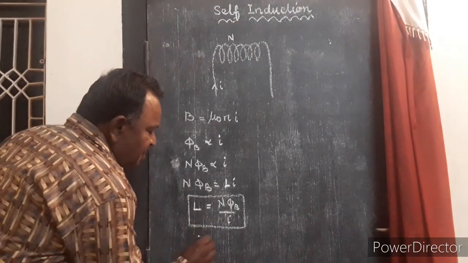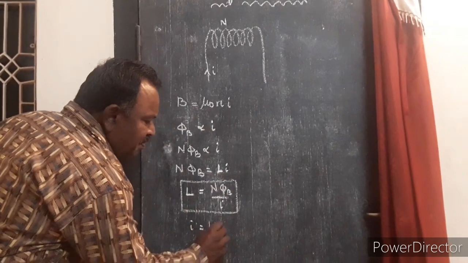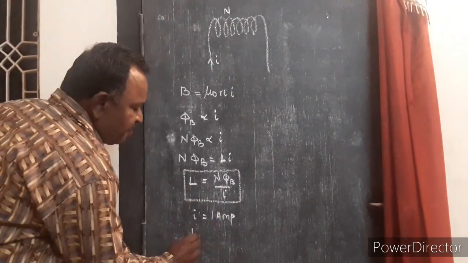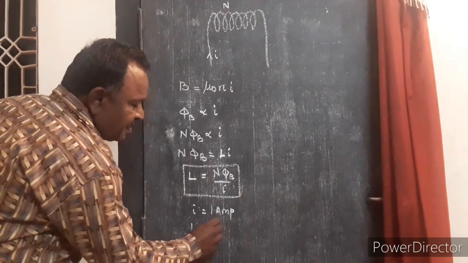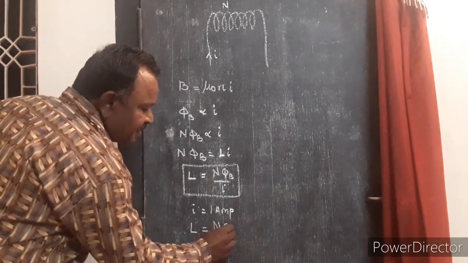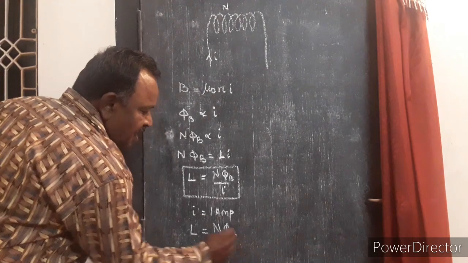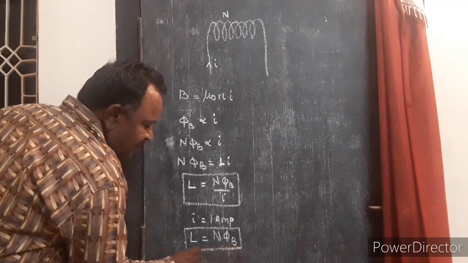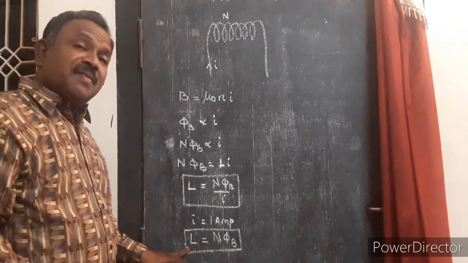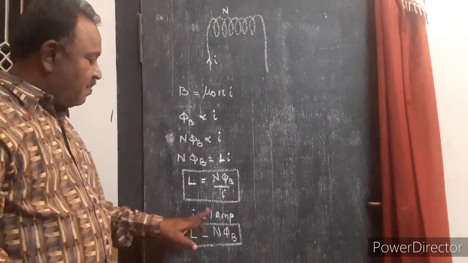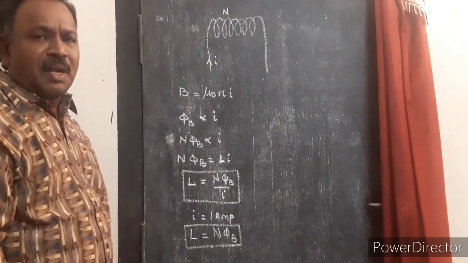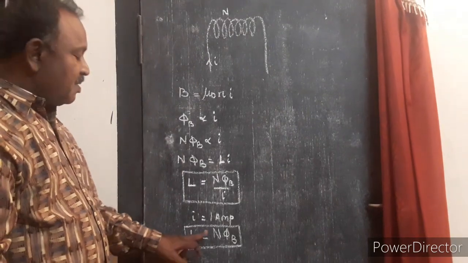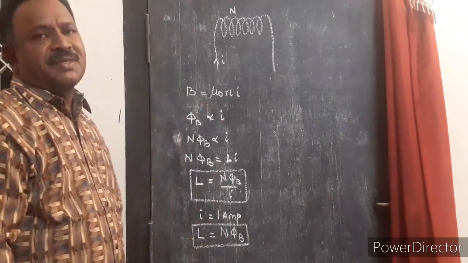When I is equal to 1 ampere, that is, when 1 ampere current passes through the coil, then the coefficient of self-induction, or simply self-inductance, is equal to the flux linkage. So we can define the coefficient of self-induction in this way also. When 1 ampere current passes through the coil, then the coefficient of self-inductance is equal to the flux linkage.